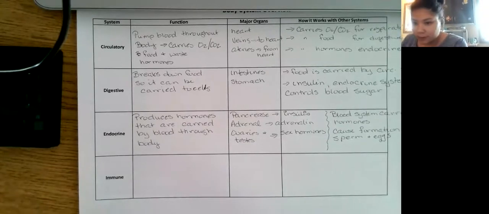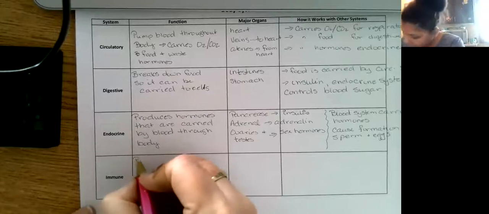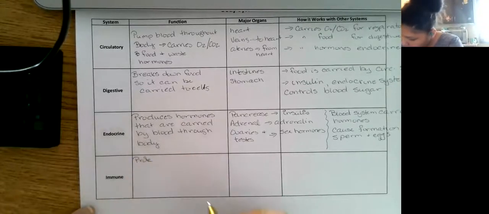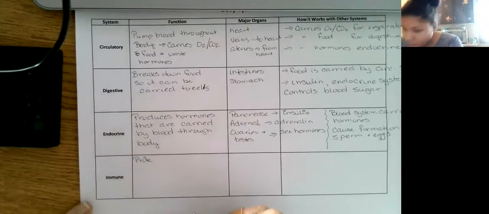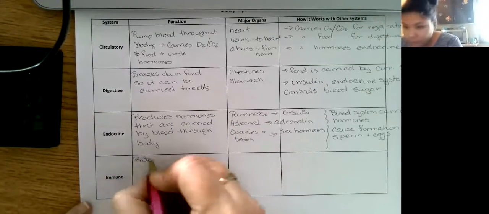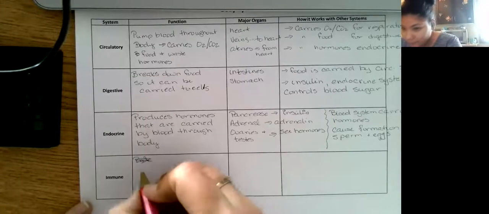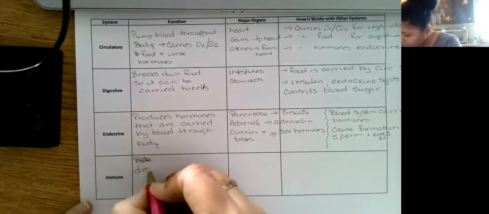All right, immune system destroys pathogens.